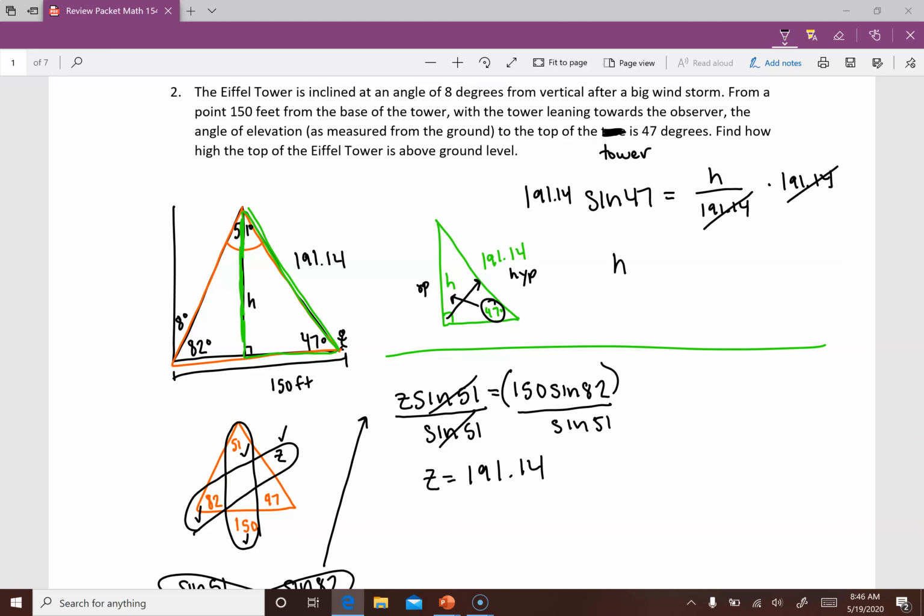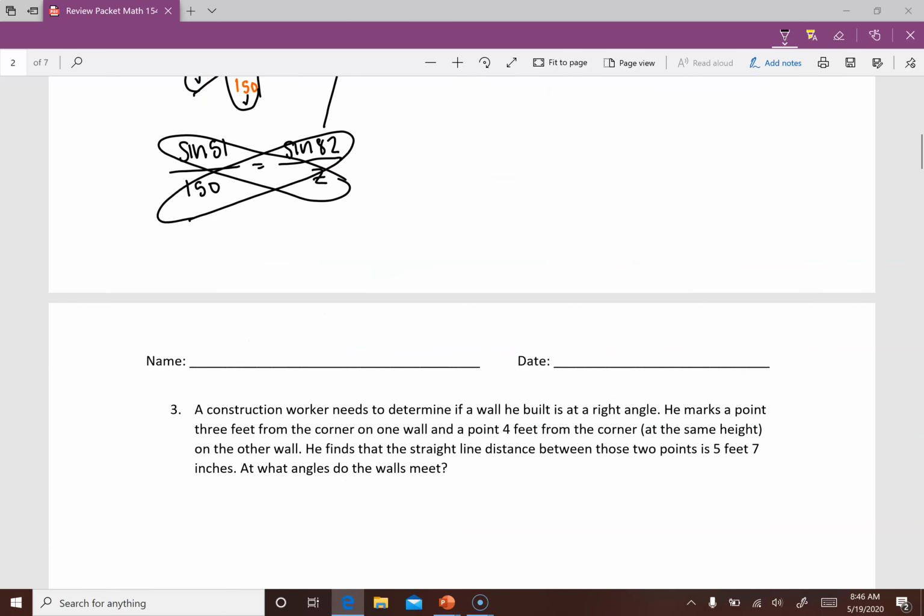And I'm simply left with h equals, I just threw that on the other side, this times this. So that's going to be 191.14 times sine of 47. Okay, and that is equal to 139.79 feet, which seems reasonable for the height of the Eiffel Tower. Though it might be taller, who knows. All right, there we go.